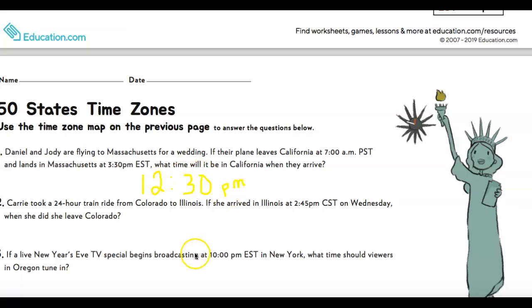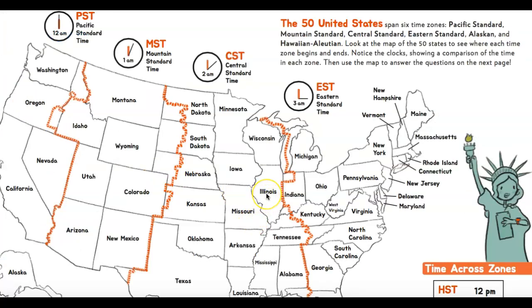Okay, all right. So Carrie took a 24-hour train ride from Colorado to Illinois. If she arrived in Illinois at 2:45 Central Standard Time on Wednesday, when did she leave Colorado?